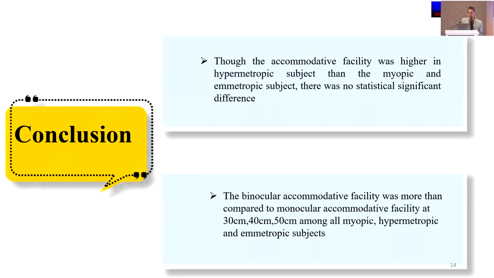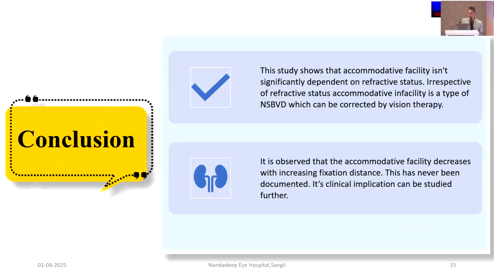The binocular accommodative facility was always more, as expected, as compared to monocular accommodative facility at all distances in all groups. This study showed that the accommodative facility is not significantly dependent on the refractive status.